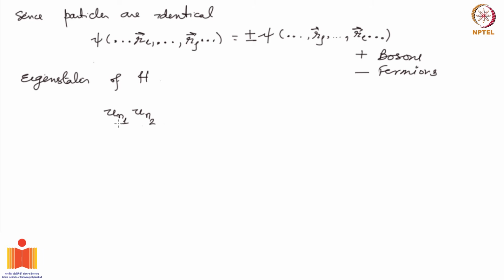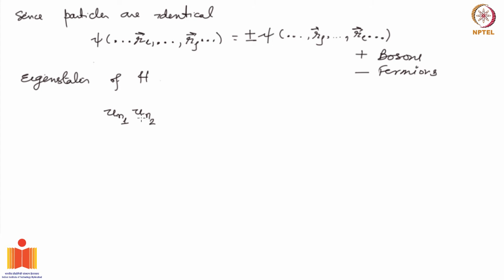So the wave function un1, which corresponds to particle number 1, could be the second excited state, this could be the third excited state, and so forth.